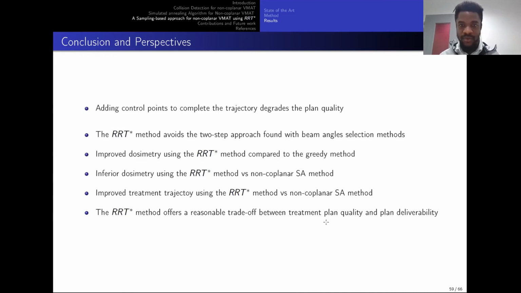There's an improved trajectory as well with our RRT star method when compared to the non-coplanar simulated annealing method. And we say that we can have a reasonable trade-off between treatment plan quality and treatment plan deliverability. This is what this RRT star method can offer us.